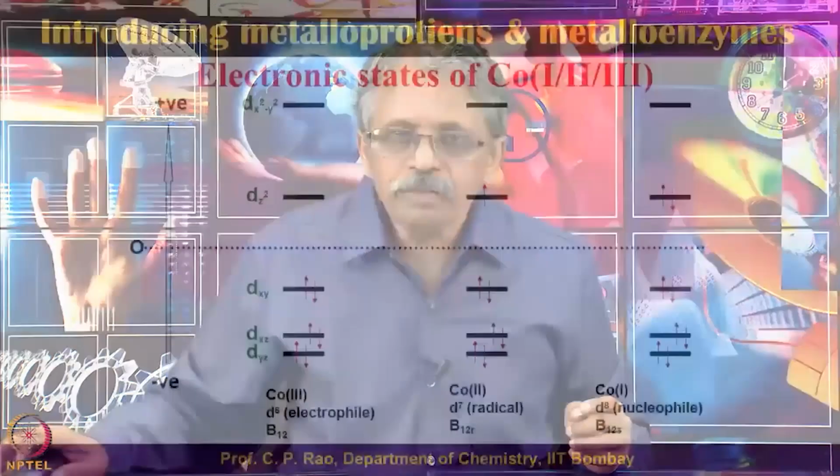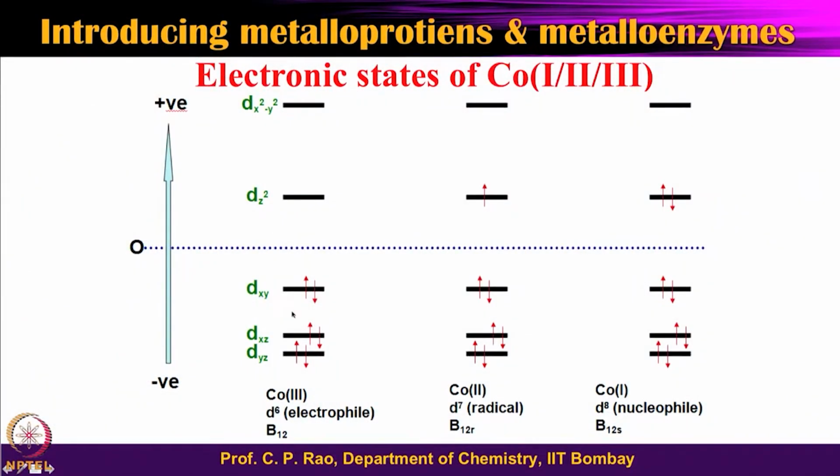Having looked at that, let us try to understand the different electronic states. When you have cobalt 3, you have 6 d electrons, cobalt 2 has 7 d electrons, and cobalt 1 has 8 electrons.